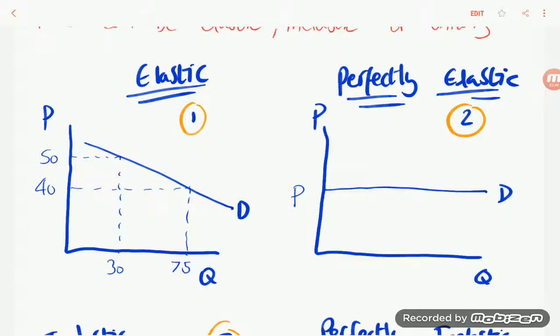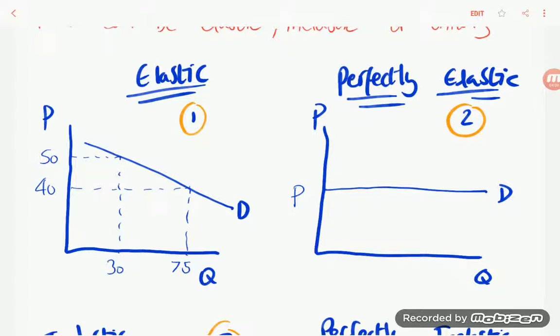In the diagram on the screen, price falls from 50 to 40 pounds. And an extra 45 units are demanded, i.e. the difference between 30 and 75, which gives an elastic PED of minus 7.5.